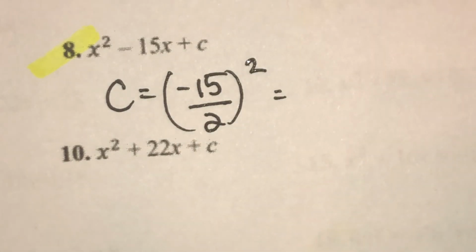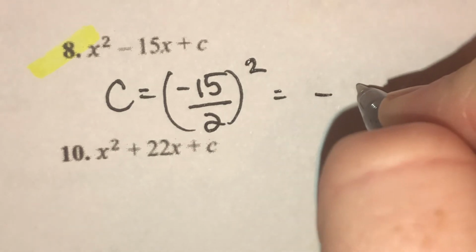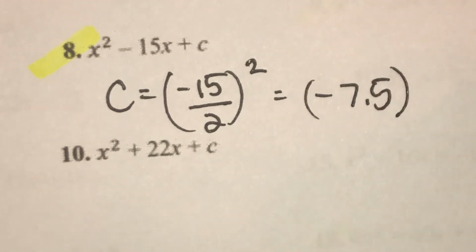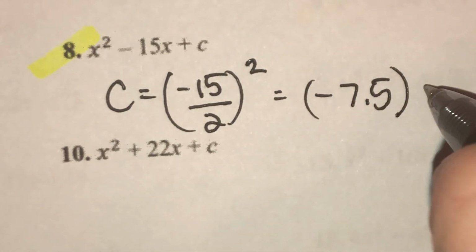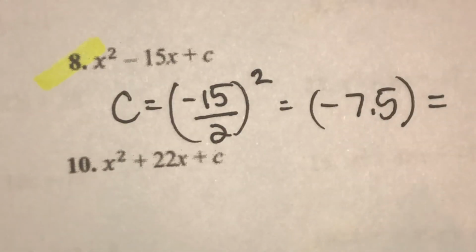Negative 15 divided by 2 is negative 7.5. Negative 7.5 squared is 56.25, and it's going to be positive since we squared it. So positive 56.25 or 56 1/4.